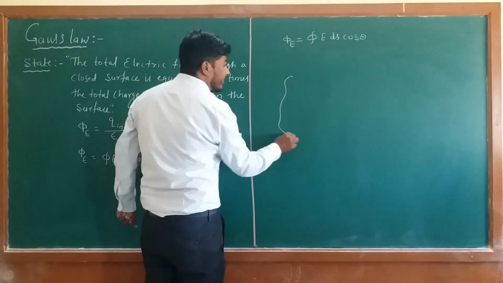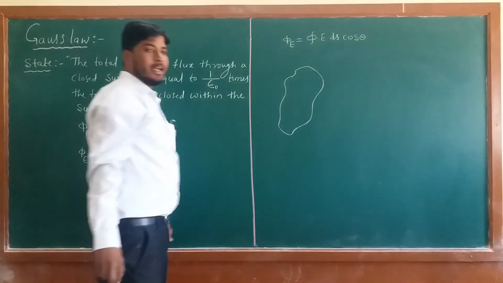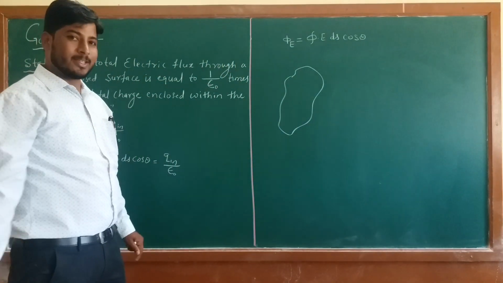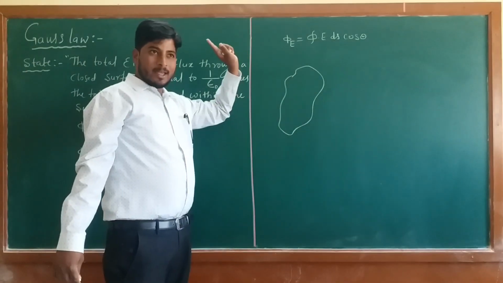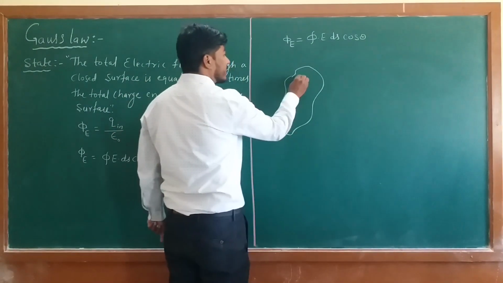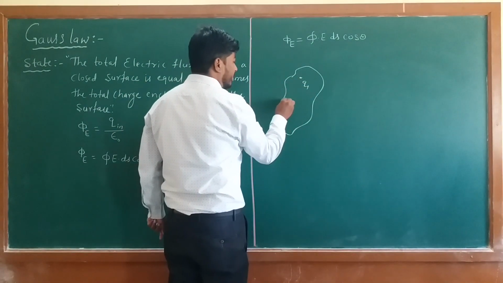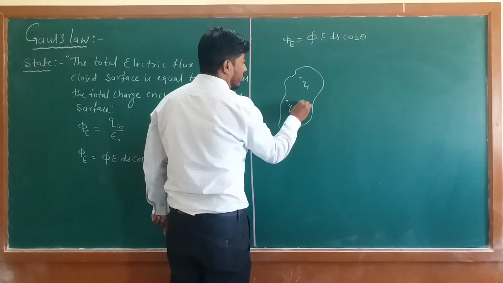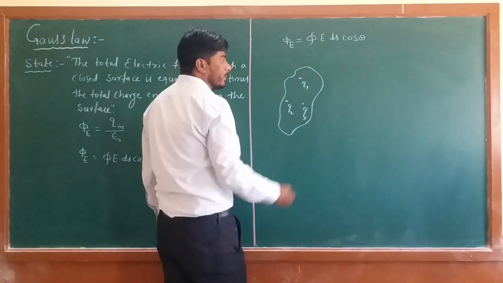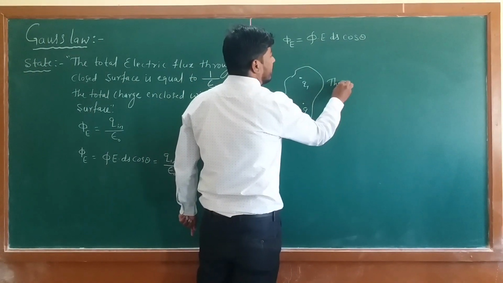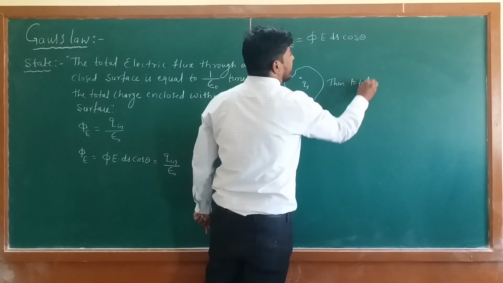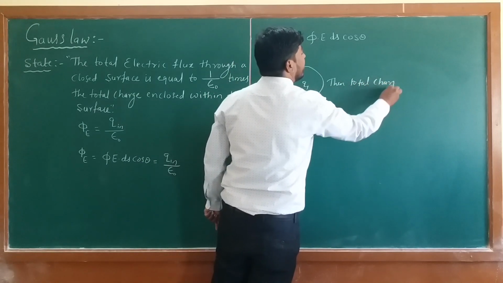Here it means any closed surface, and if it encloses the charges q1, q2, q3, then what will be the total charge of this enclosed surface?